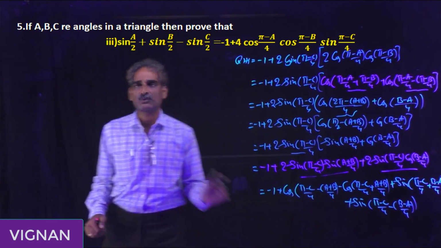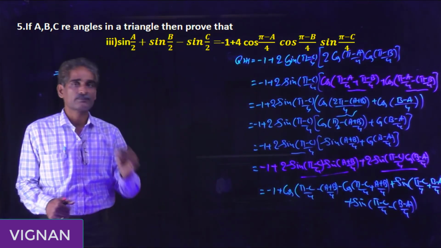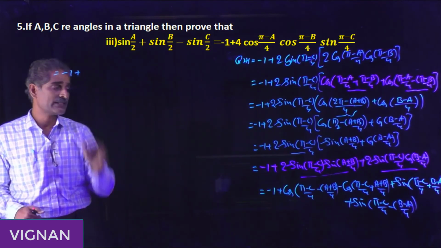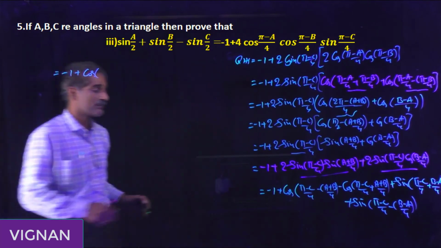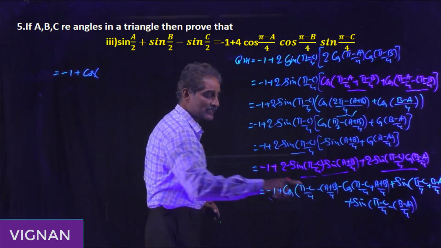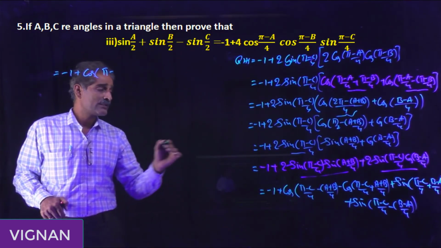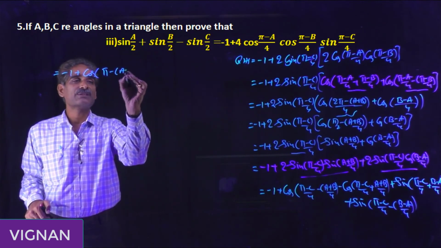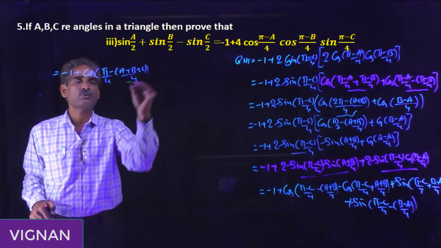So now come to the simplification: minus 1 plus cos of, the LCM is 4, minus A minus B, that means (pi minus (A plus B plus C))/4 is there for both the terms.